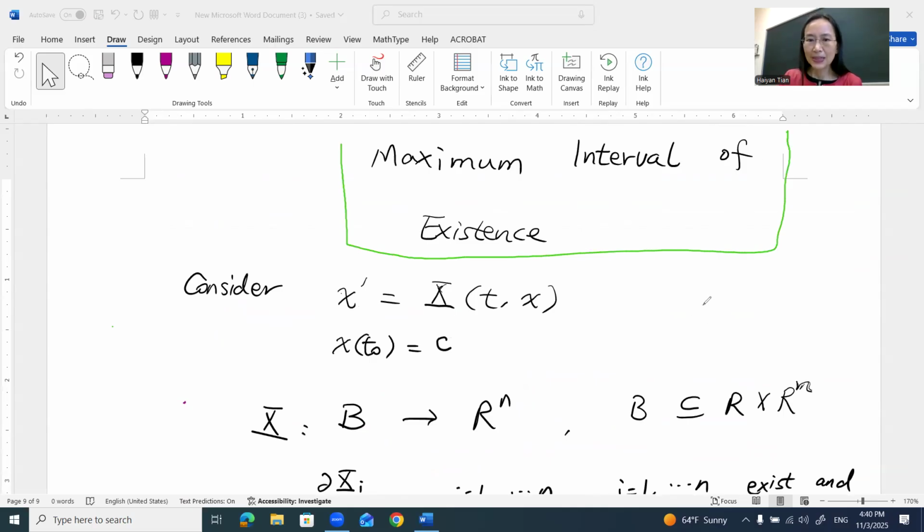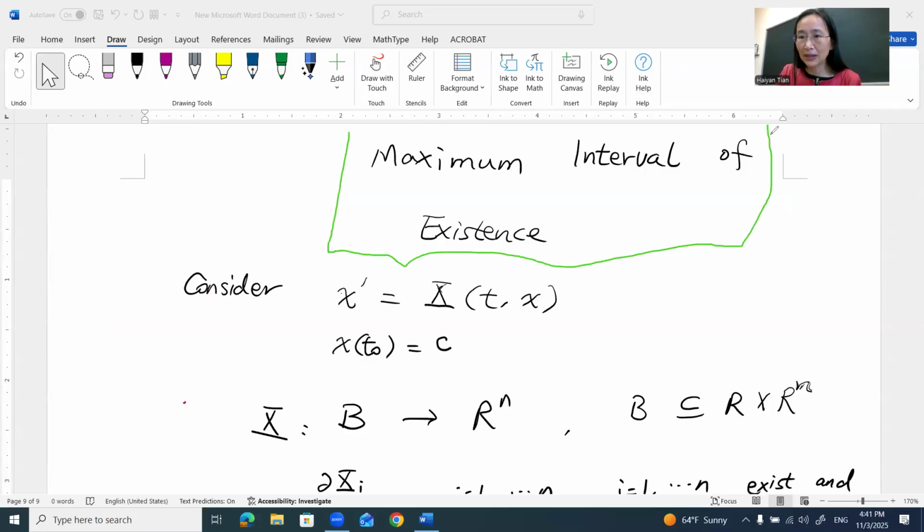Once we have an interval where a solution exists, that interval can be extended to the largest possible interval where the solution still exists. So in addition to the local version of existence and uniqueness, we can get the largest possible interval over which the solution still exists.